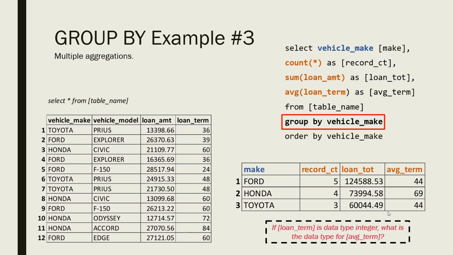So what does this mean? Let's just start with Toyota, right? If we look at the records that represent Toyota 1, 6, and 7, we can see that the loan amount is about 13.4 thousand. Then we have a 24 and 9. So let's just call that 25. These two together represent maybe 35. So 21.7 and 13.4 is about, what did I come up with?